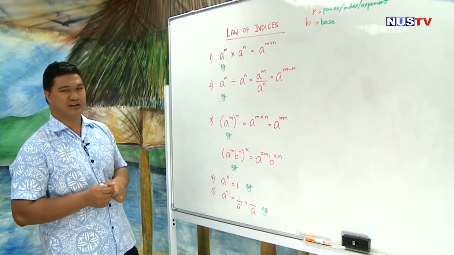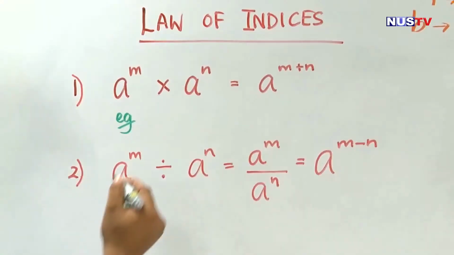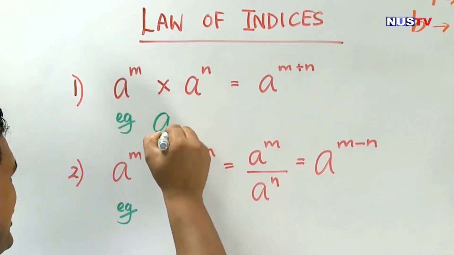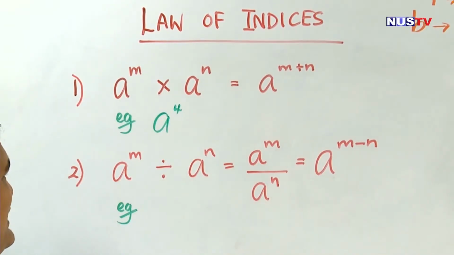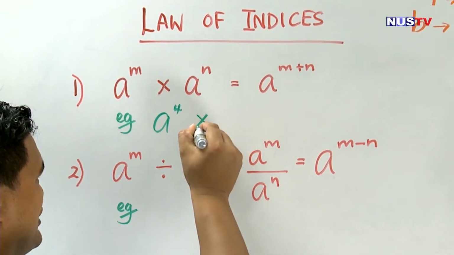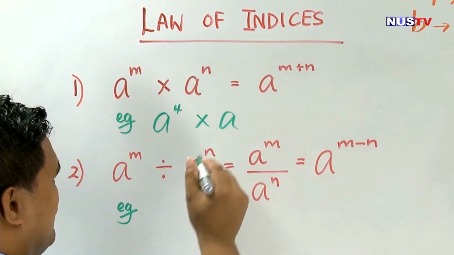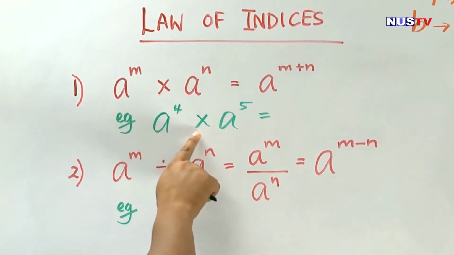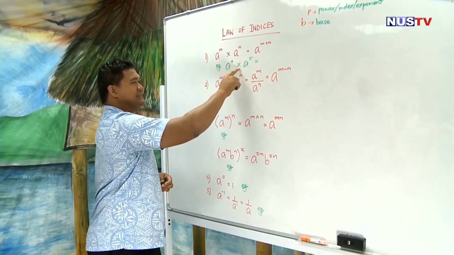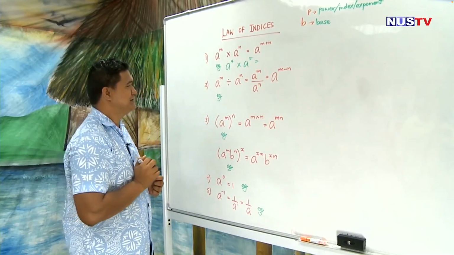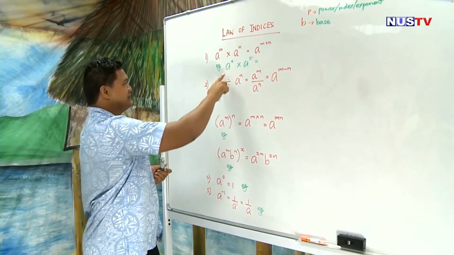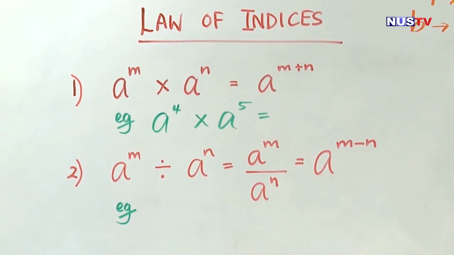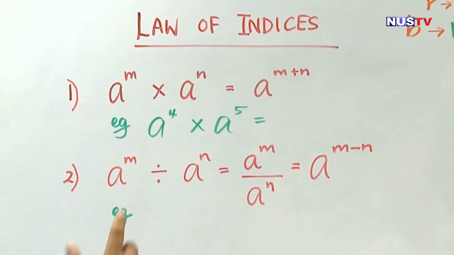Let's have an example for number 1. Say we have a to the power of 4, so m here is equal to 4, and then we multiply by a to the power of, say, 5. So a to the power of 4 times a to the power of 5. Now we are multiplying two terms with the same base, so all we have to do is add the powers.